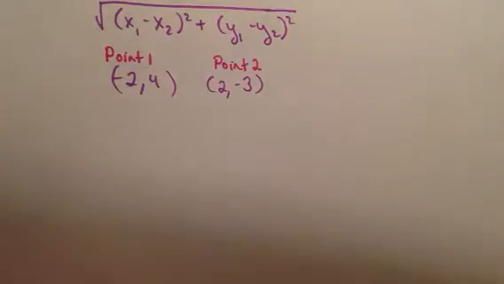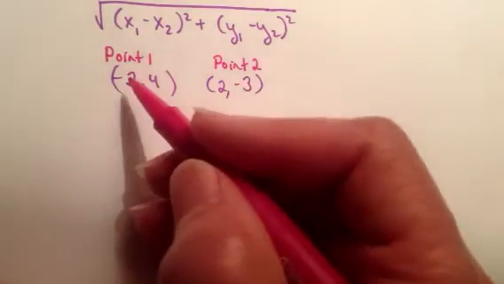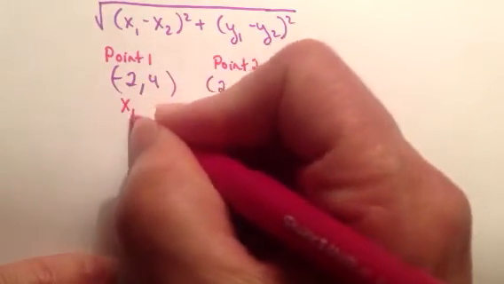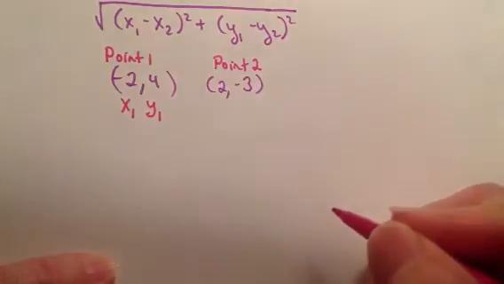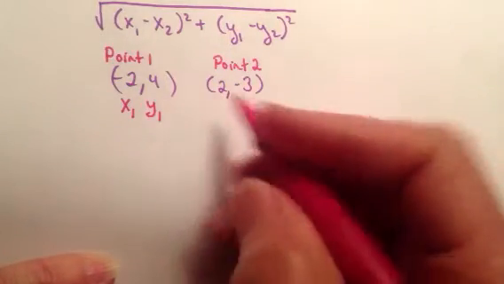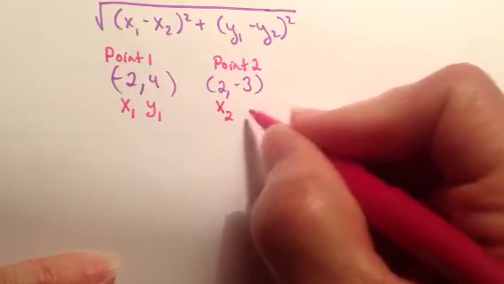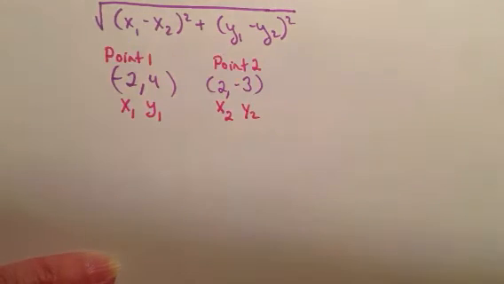It really does not matter. I could have just as likely called this one point 2 and this one point 1. So of point 1, I have an x1 value and I have a y1 value. So that's where the subscript comes from. And then for point 2, I have an x2 and a y2.